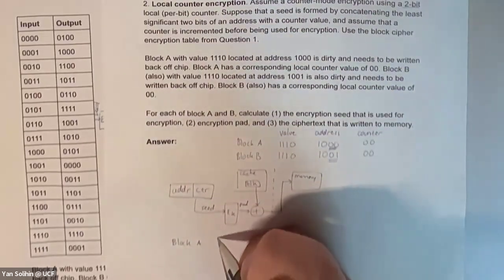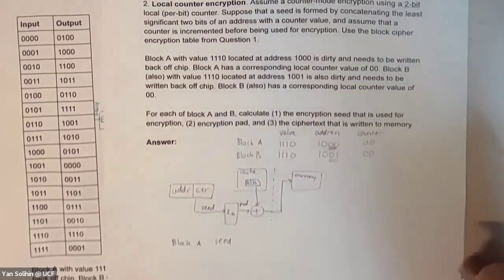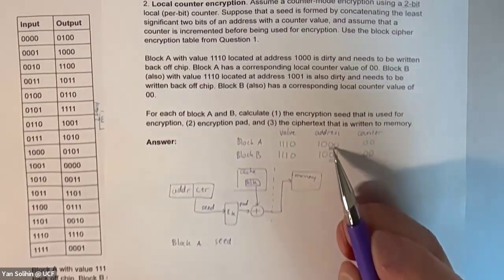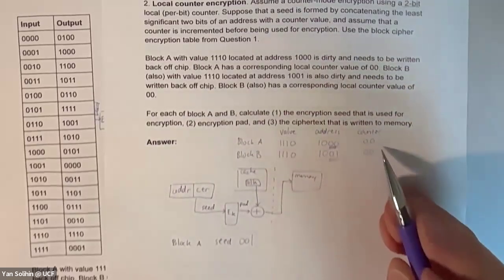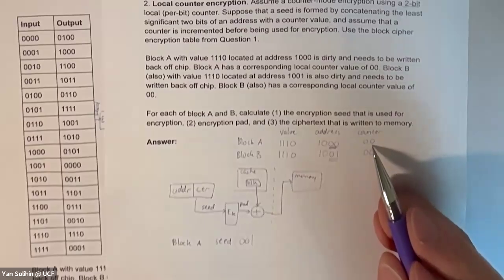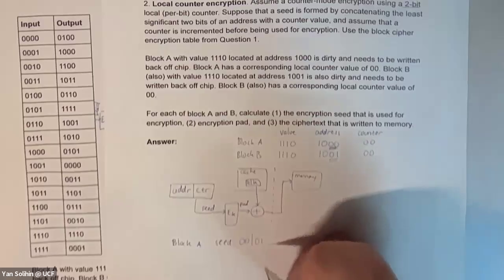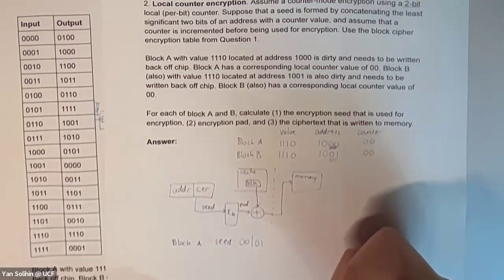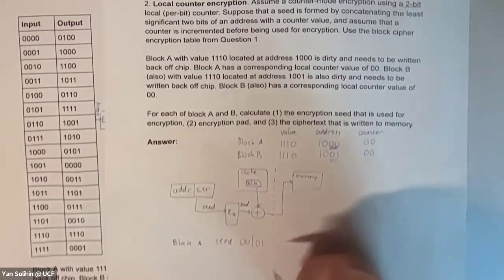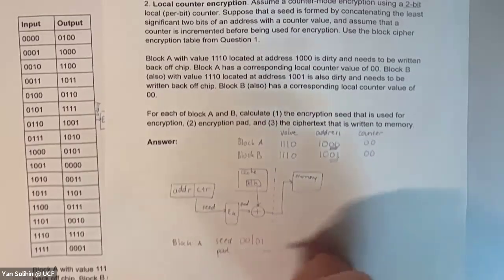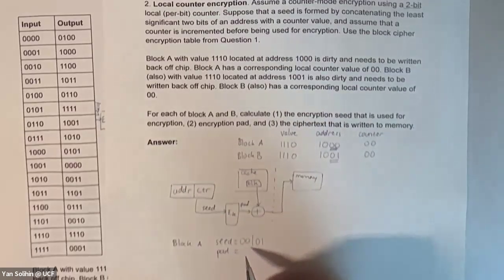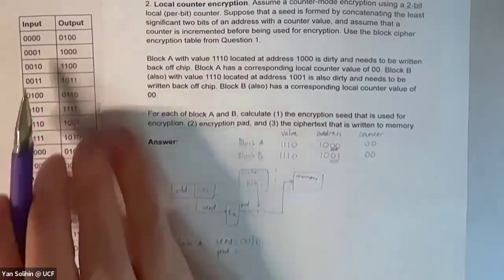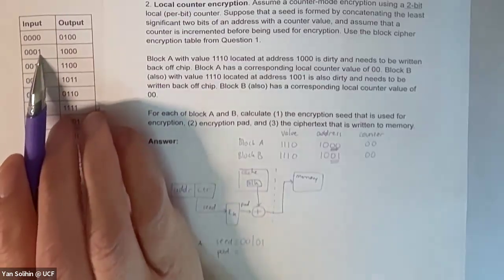Okay, let's start with block A. What is the seed? The seed will be the concatenation of the address bits, which are 00, right here, with the counter value. But remember, we increment the counter value, so this becomes 01. This results in the pad, which is the encrypted version of the seed. The seed is 0001, so we look up the table and find 0001 right here.